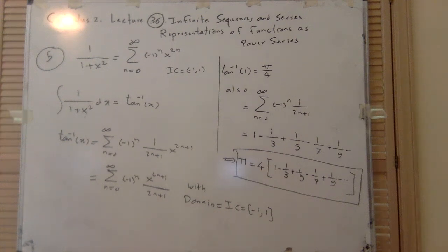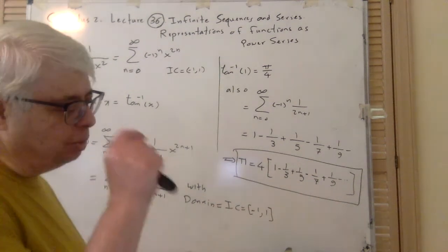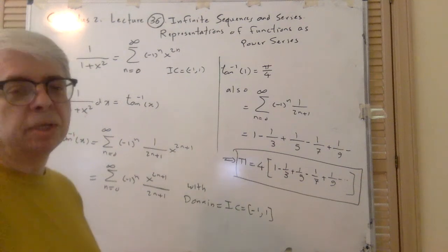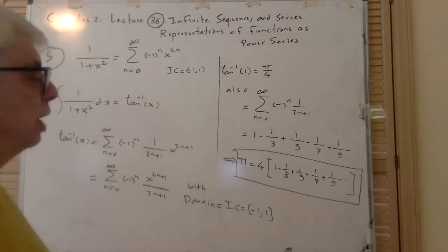It just goes up, down, but it's so slow. You might end up adding billions of terms, even more than that, and still you are slowly changing one bit of that. But that's one way to find pi.